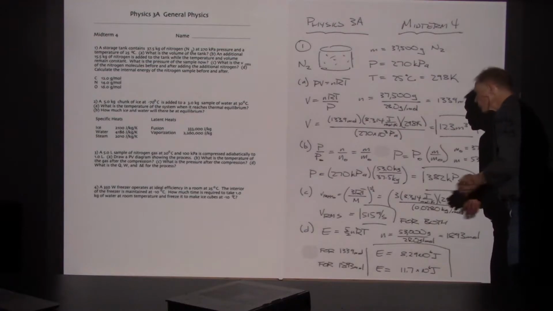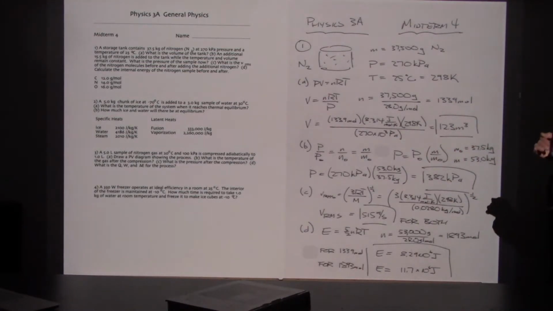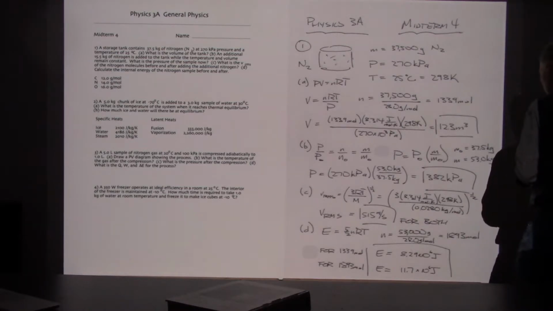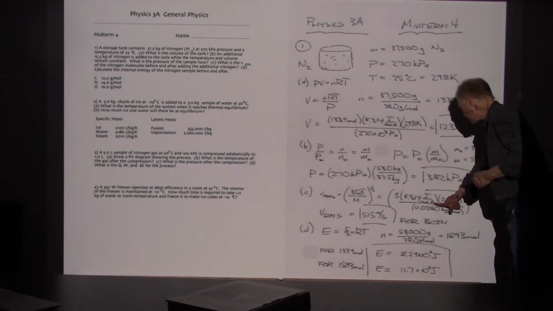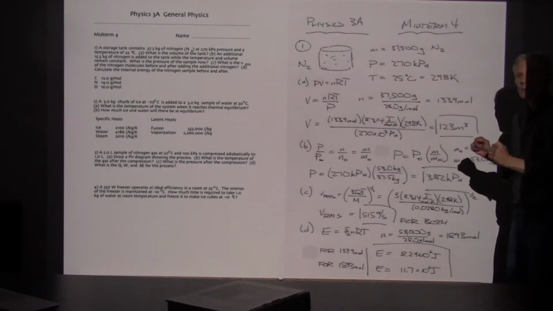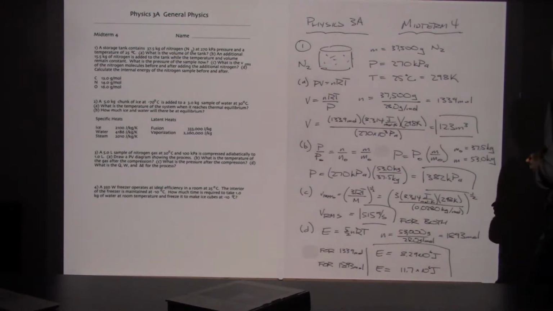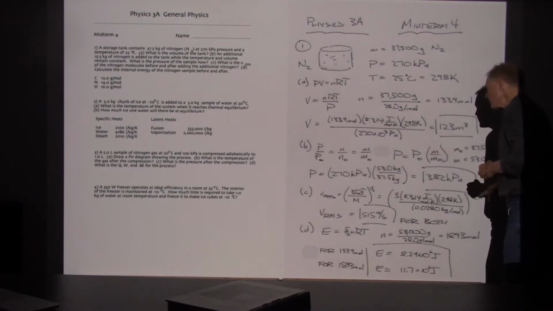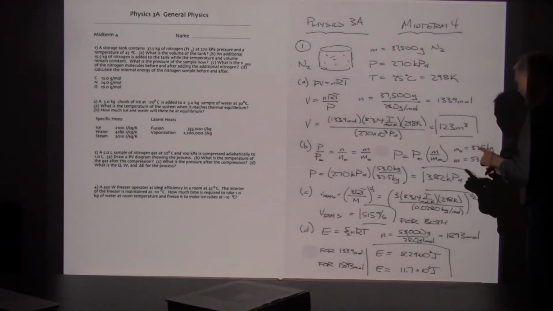Carrying out that calculation, checking all the units had better cancel out: moles cancels moles, kelvins cancels kelvins, joules divided by kilograms leaves us with meters squared per second squared, and then taking a square root leaves us with meters per second. So 515 meters per second before and after.